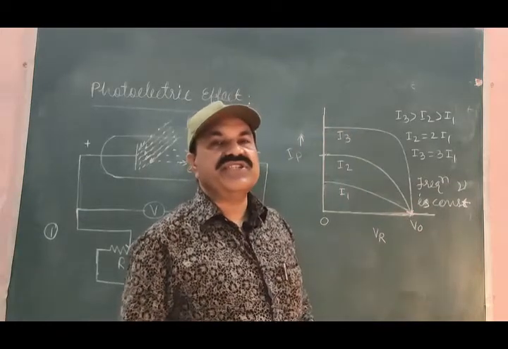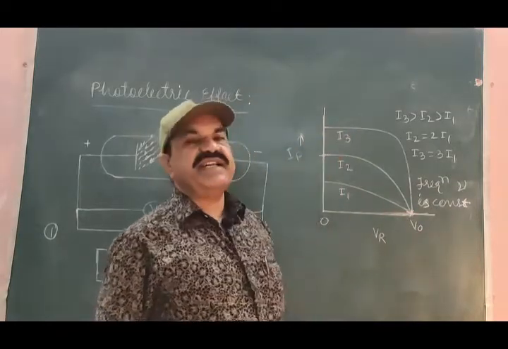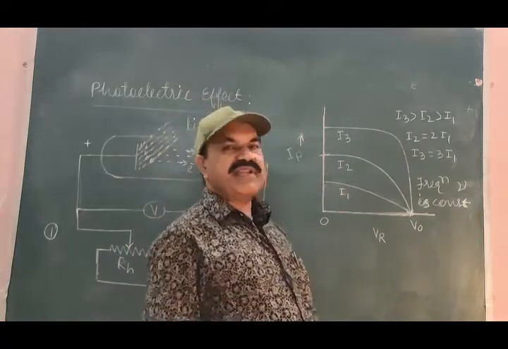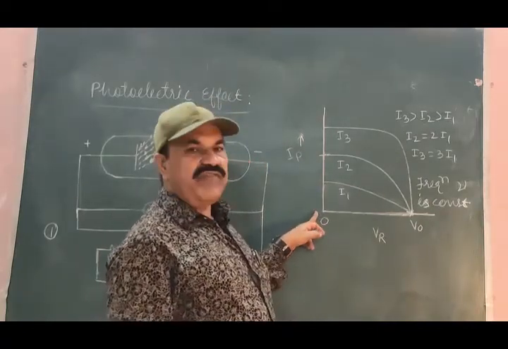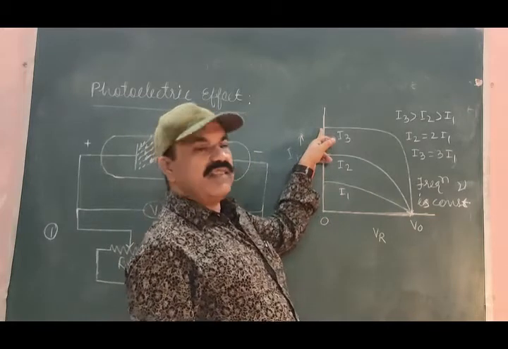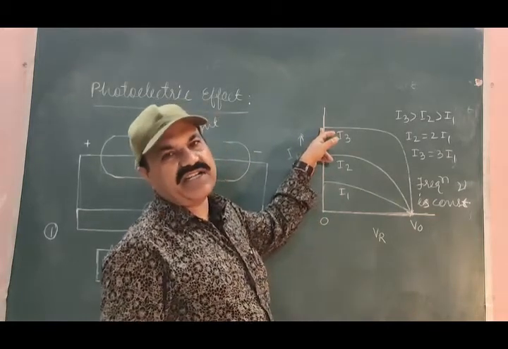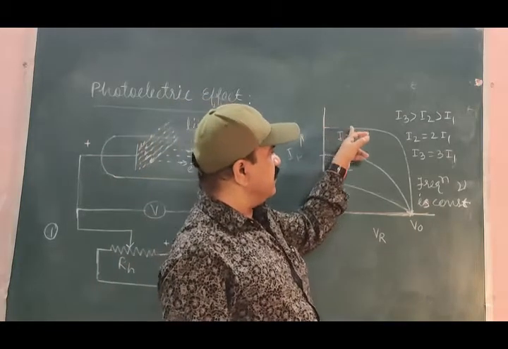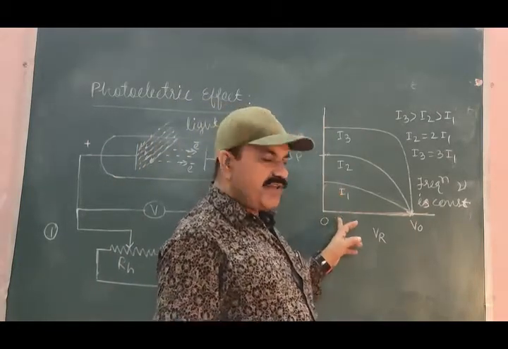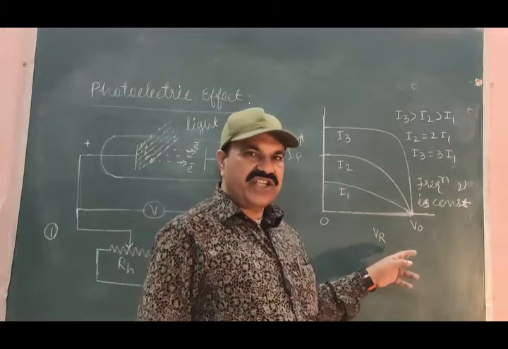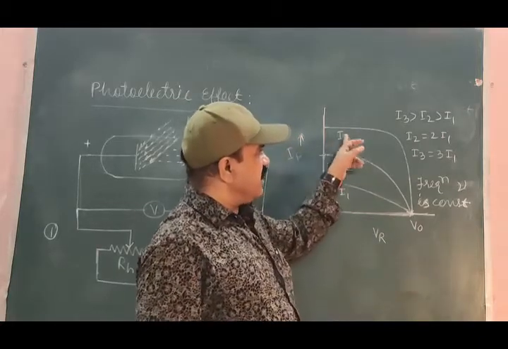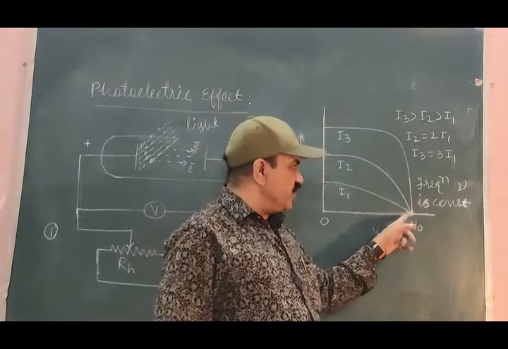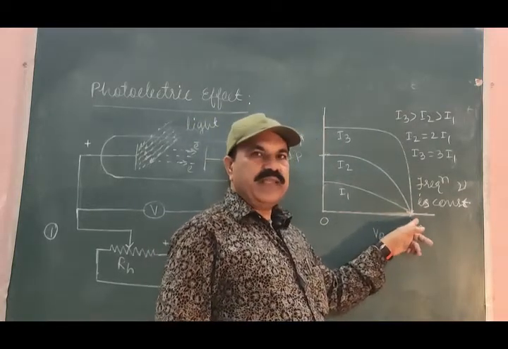Then for the third set, intensity I3 is considered. This I3 is largest, 3 times I1, and therefore when VR is 0, the current is highest, somewhere here. As the reverse potential is increased in the negative direction, the current starts decreasing and decreasing, and it ceases to 0 here.